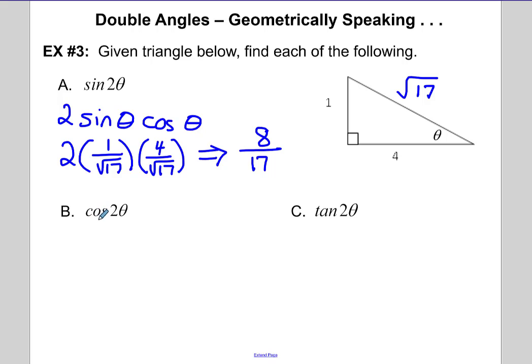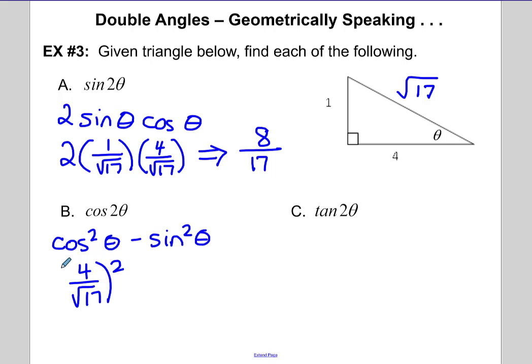Now, like I said at the beginning, we've got 3 formulas for cosine of a double angle, and I'm just going to pick up with the cosine squared minus sine squared and use that particular formula based on this given triangle. So cosine is 4 over radical 17, and we need to square that.